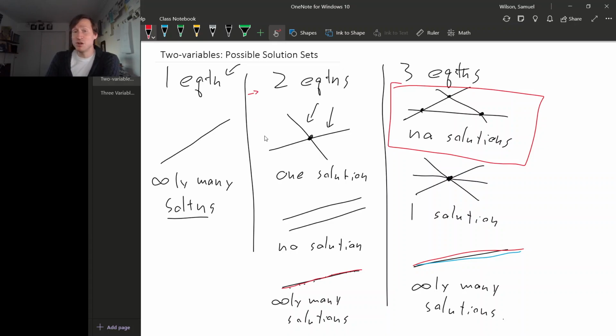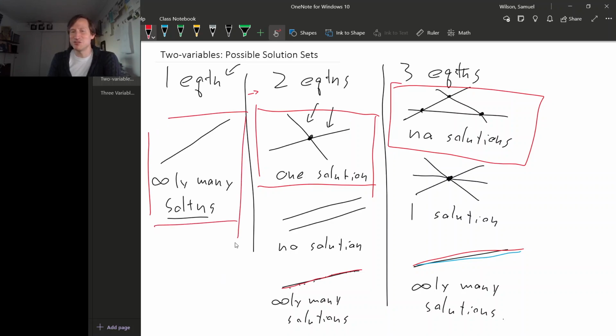If you only have two equations, then the typical situation is that you have exactly one solution. So the important thing here is just by changing the number of equations, the typical collection of solutions can change. In fact, even with only one equation, the typical collection of solutions is infinitely many solutions.